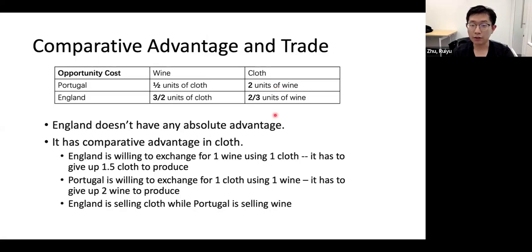But in trading, they can have a lower cost to get this cloth. So Portugal is also willing to do that. So England and Portugal are both willing to do that. We are good on the deal on trading. So England is selling cloths while Portugal is selling Y, because here the comparative advantage matters, right? So that's our theory, or our very simple case.